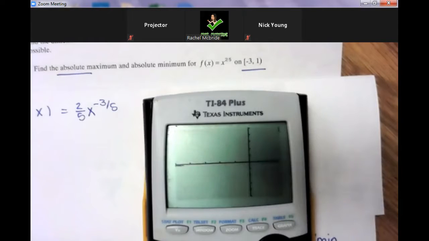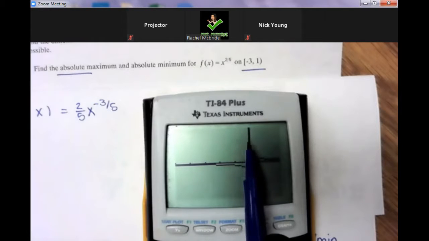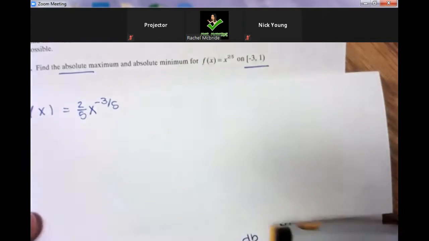What we'll notice is that there is a point at which the derivative does not exist. That is at x equals 0. So f prime of x does not exist at x equals 0.